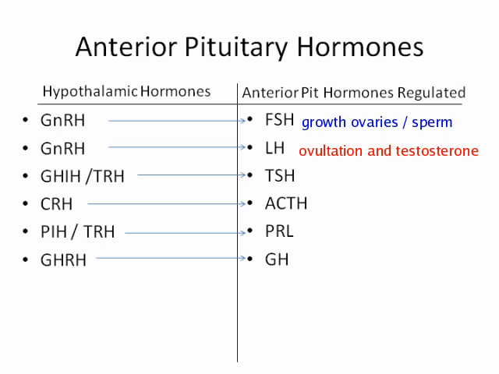We have GHIH, which is going to be growth hormone inhibiting hormone, and/or thyroid releasing hormone, TRH, and that's going to oversee thyroid stimulating hormone. Thyroid stimulating hormone is going to be released again from the anterior pituitary, go to the thyroid, and voila, guess what hormone it's going to release or cause the release of?